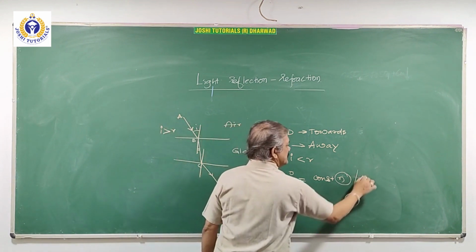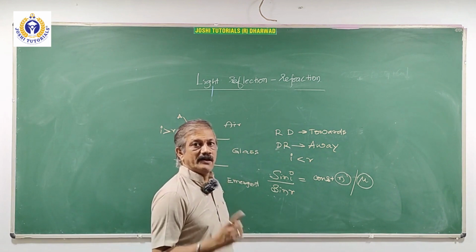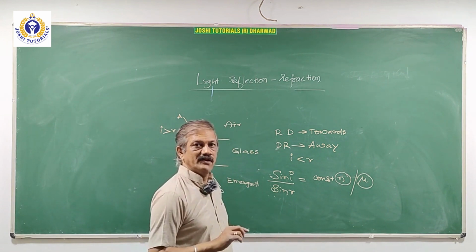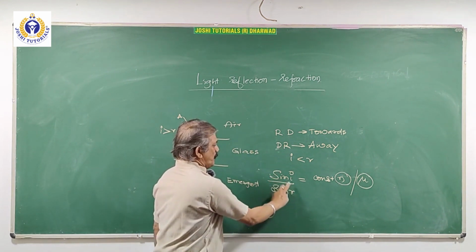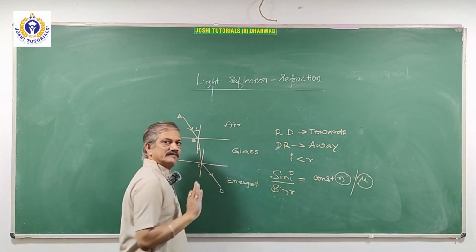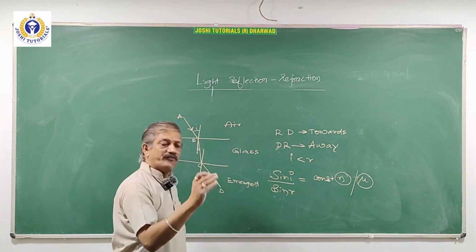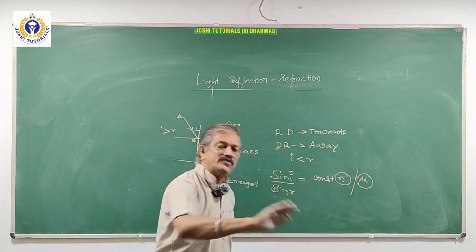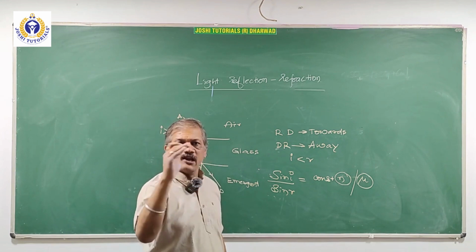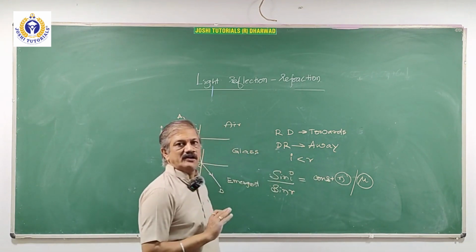Actually, sometimes they may say mu, M-U, refractive index. Air to glass, it is fixed. Air to water, the value is fixed. Turpentine oil, the value of refractive index is fixed.